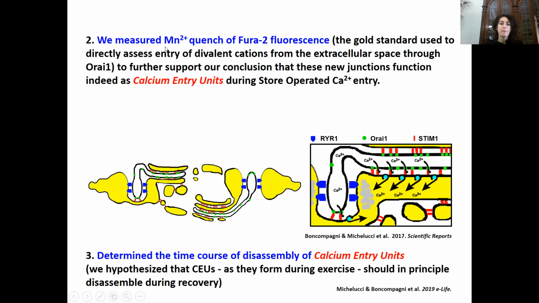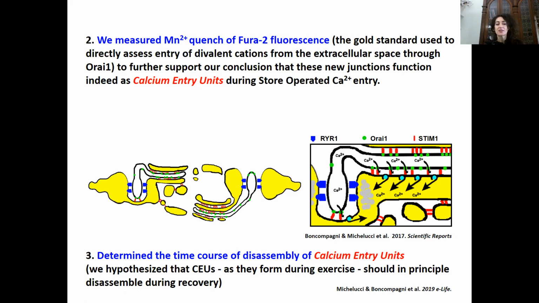We performed the manganese quenching, a technique considered the gold standard to measure entry of divalent cations from the extracellular space. And briefly, in these experiments, single dissociated FDB fibers were first incubated in a calcium-free solution containing Fura-2 and supplemented with SERCA inhibitors in order to fully deplete the SR and maximize the activity of SOCE.